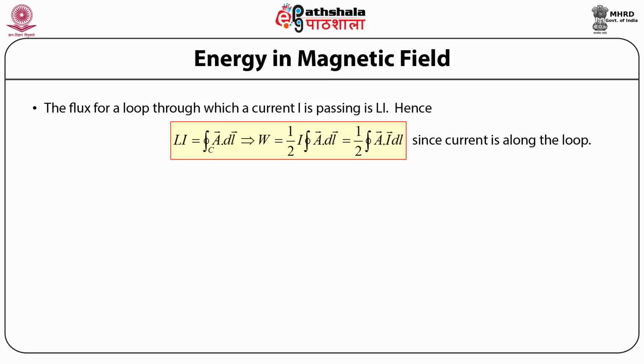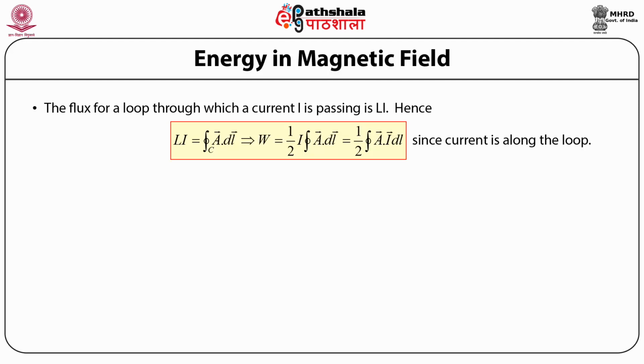So equating these two expressions of the flux associated with the current loop, we get the result: the self-inductance L times the current I is equal to the line integral over the closed current loop of the vector potential A dot the line element vector dl.